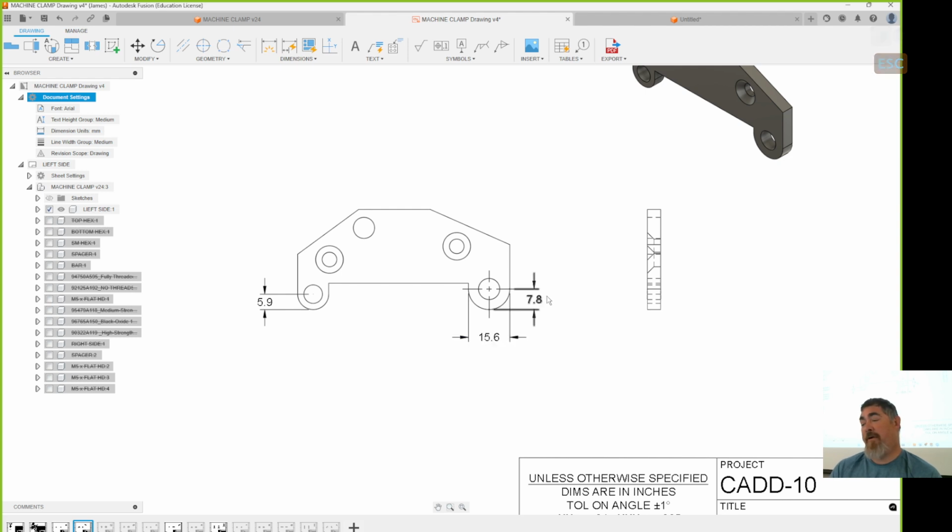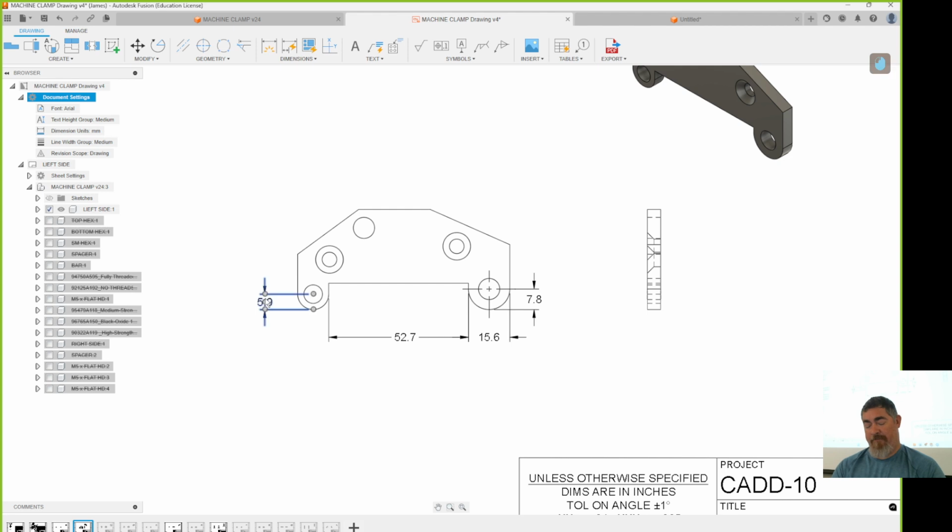No, because this is the diameter. That's the radius of that same diameter. It's redundant. So even if I have that and one. And if I have that and that, this one is redundant, right?